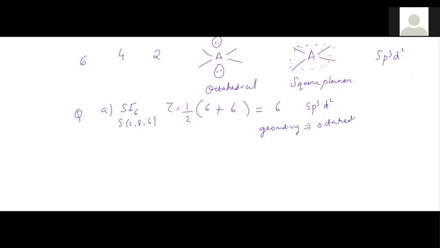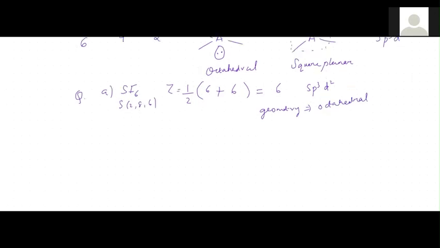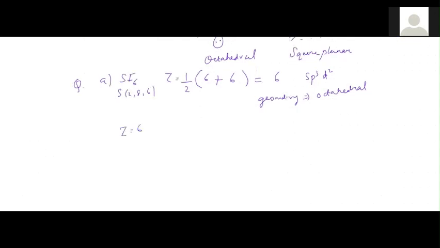Now Z value is 6, which is equal to bond pair plus lone pair. I don't know the number of lone pairs, but I know there are 6 bond pairs, so the lone pair is 0. So geometry and shape are the same because the lone pair is 0.